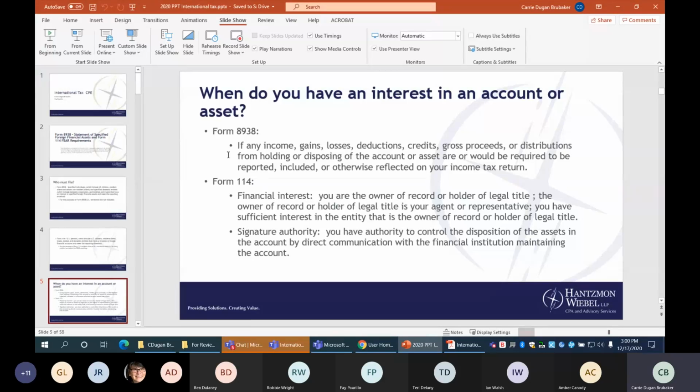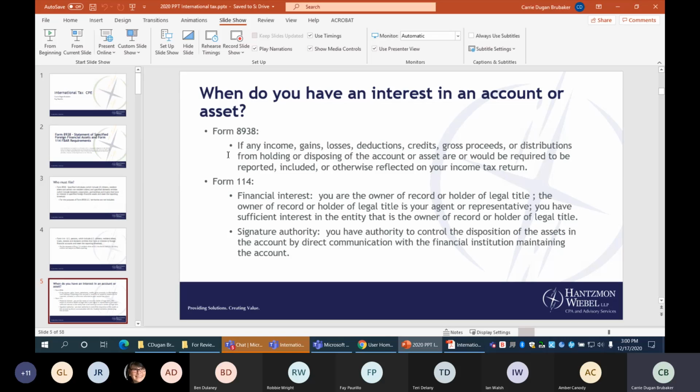All right, so what gets reported on these? For the 8938, if you have income, gains, losses, deductions, credits, gross proceeds, or distributions from holding or disposing of assets that would otherwise be reported on your income tax return, those need to be reported.